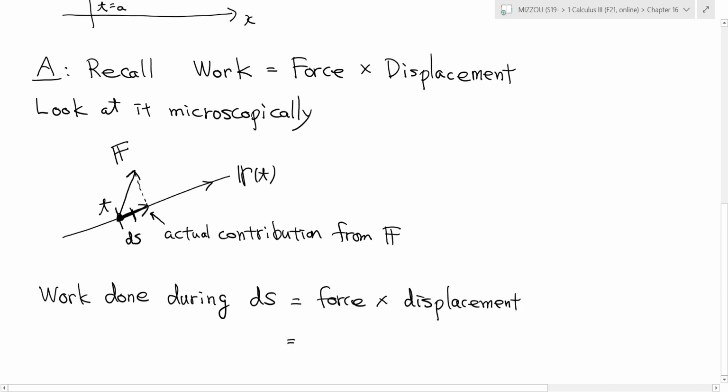But what's force? Force is this actual contribution, and displacement is ds. So we know what ds is. But what is this actual contribution coming from F in the direction of this line? Well, let's call this angle theta.